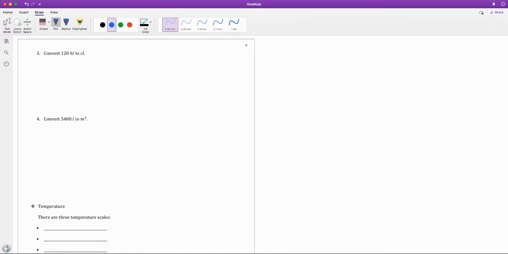So for liter, we need to use the prefix. We have kilo, hecto, deca, SI unit, deci, centi, and then milli. In this case, we have liter across.